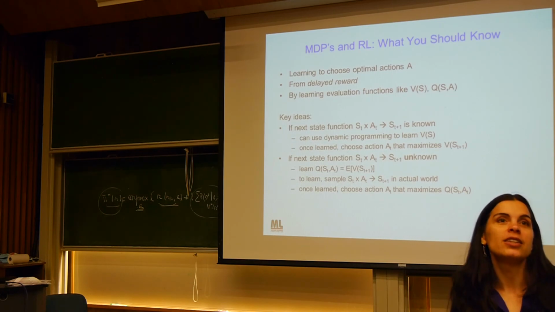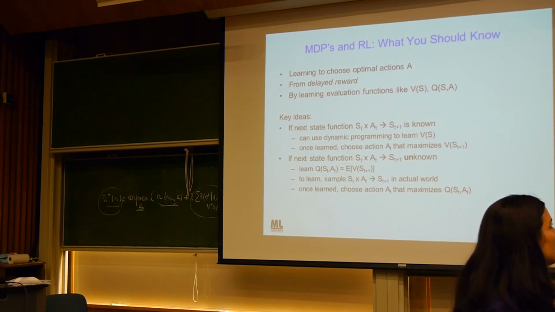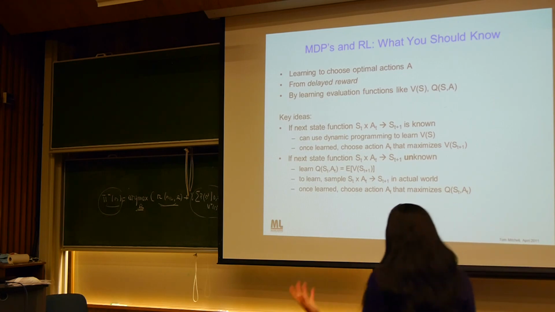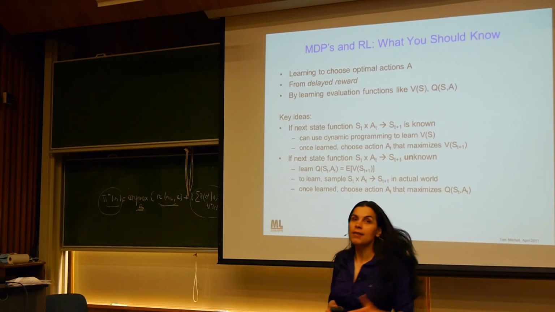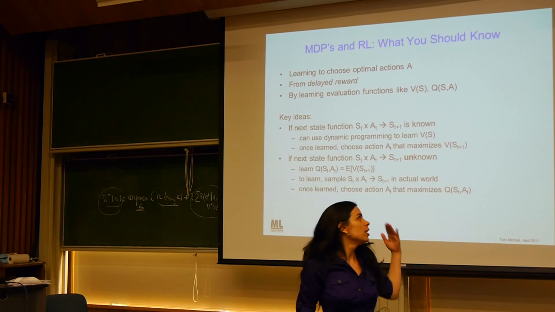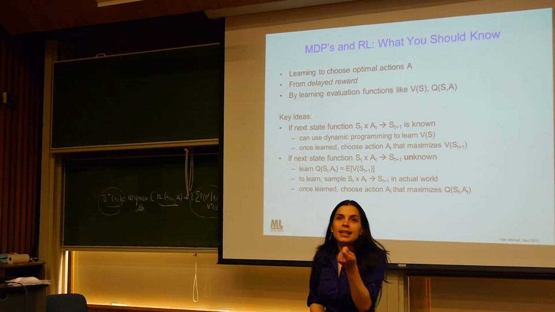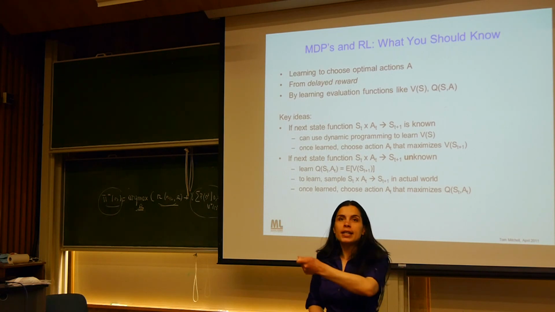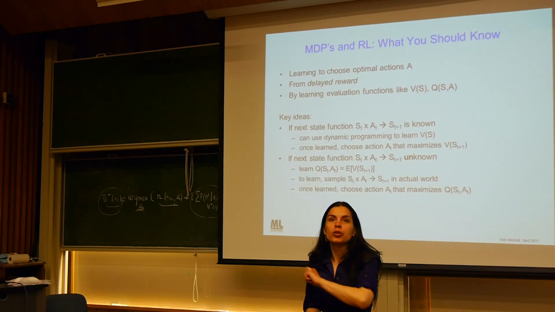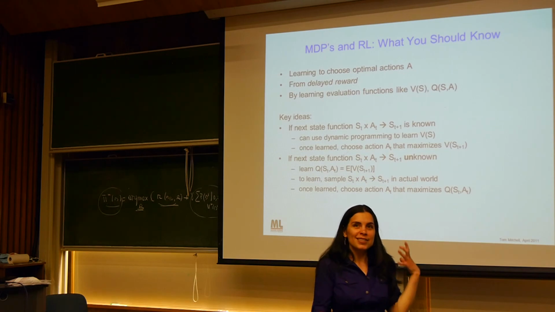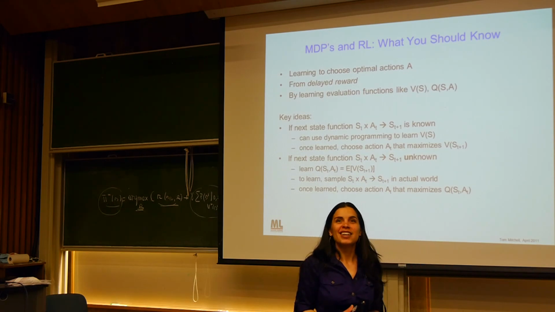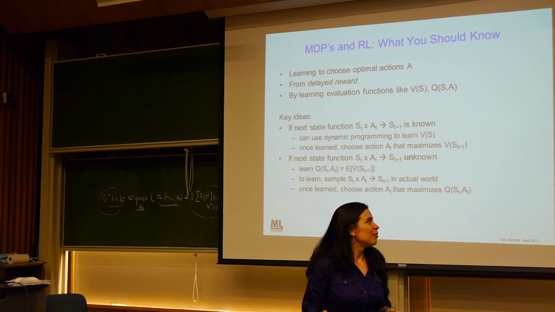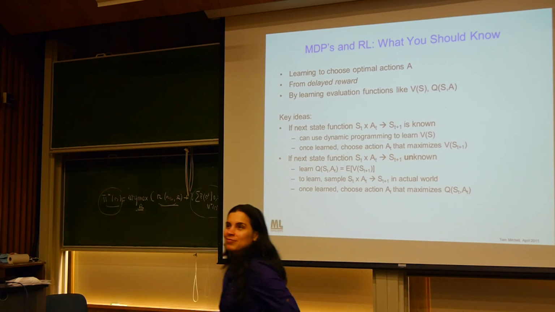The idea to deal with such delayed reward scenarios is to learn evaluation functions, either the V function or the Q function, which for any state S tell us the best value I can get if I act optimally from that moment on. By using these ideas and dynamic programming algorithms, we manage to operate well in these environments. Great.